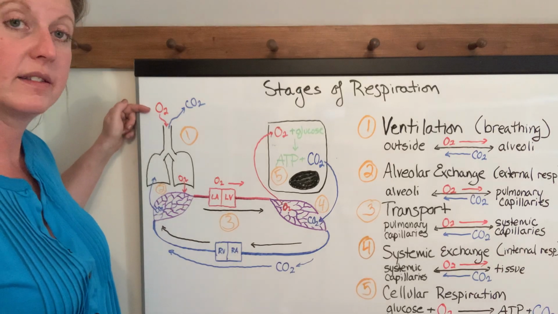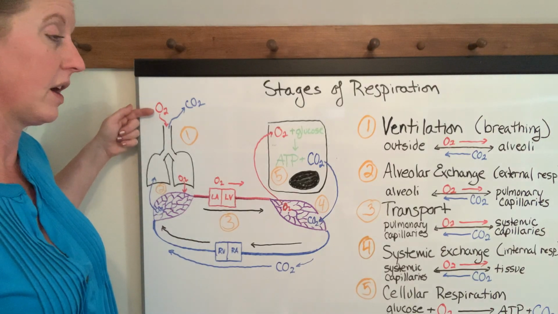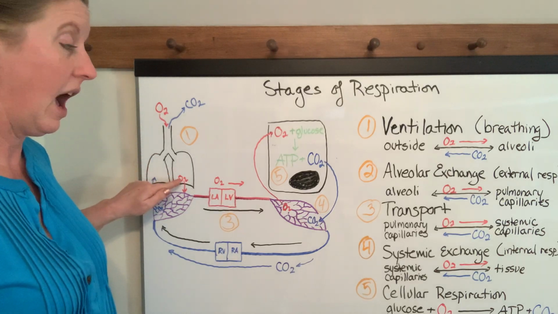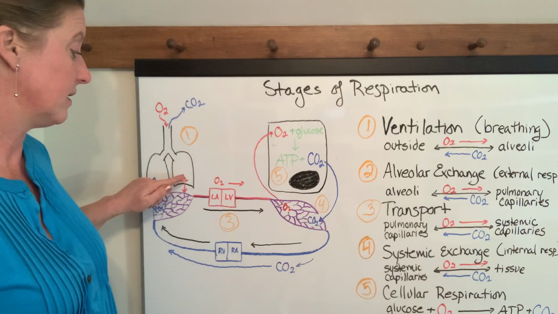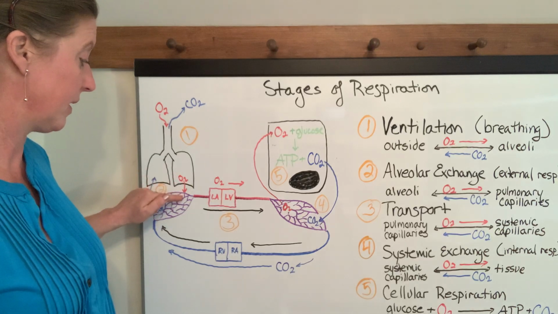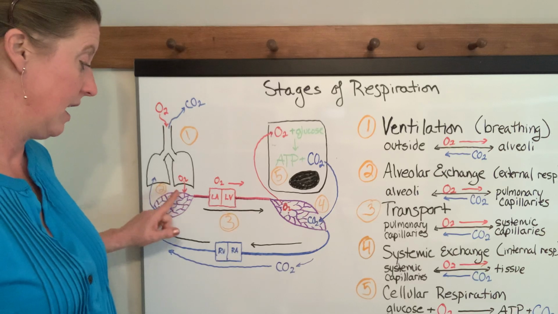So starting with oxygen, which is in the outside environment, we go through ventilation, where the air is pulled into the alveoli of the lungs. Oxygen, once it reaches the alveoli, diffuses across the alveolar membrane and across the capillary wall into the pulmonary capillaries.